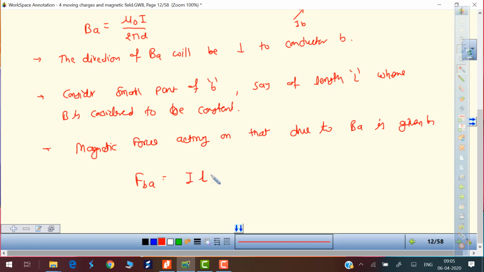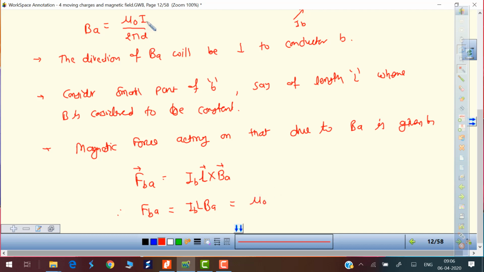That is our formula. So here L cross BA. Okay, I write all this. But the angle between L and B is 90 degrees as mentioned here. So we get the magnitude FBA is I L BA, and therefore this is IB.